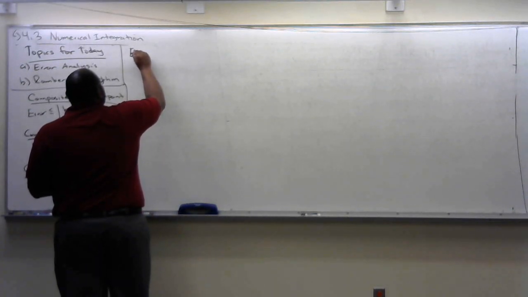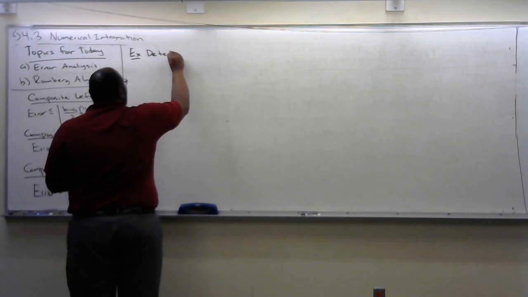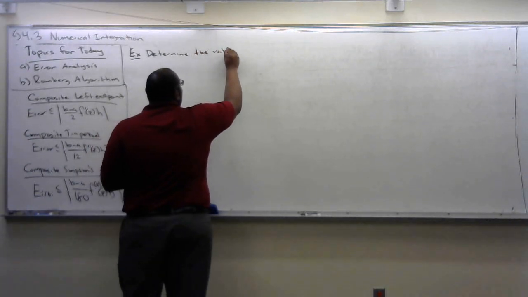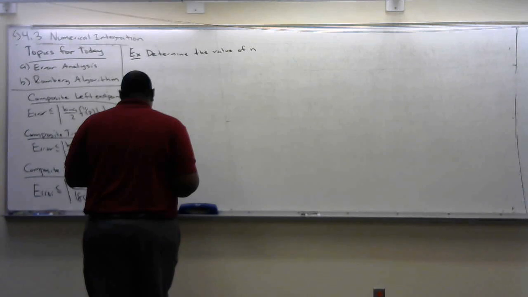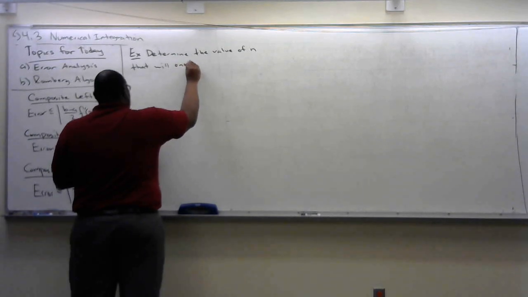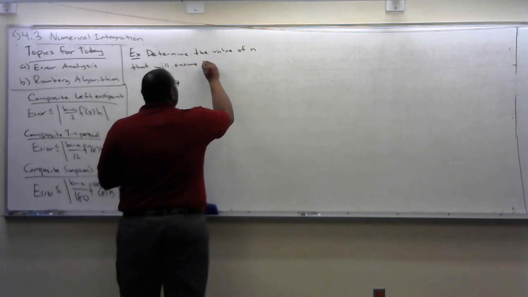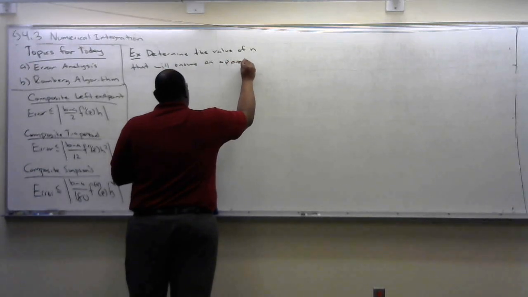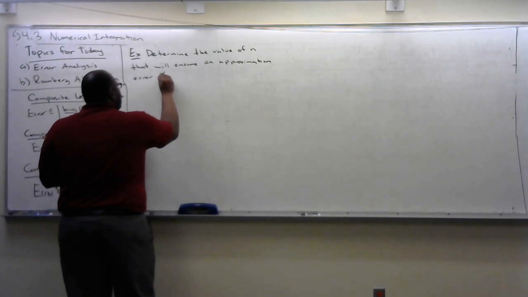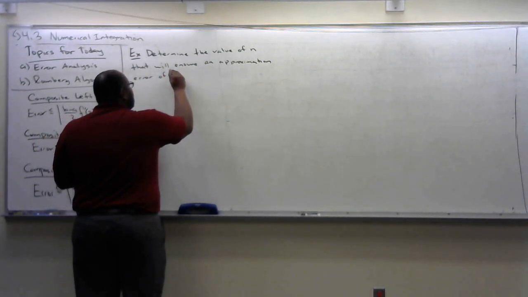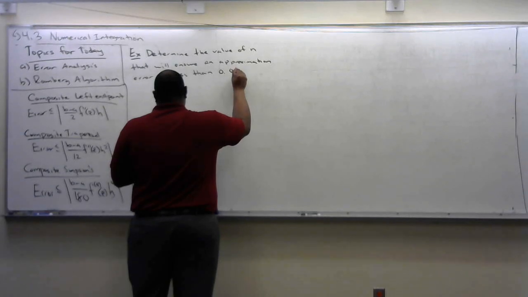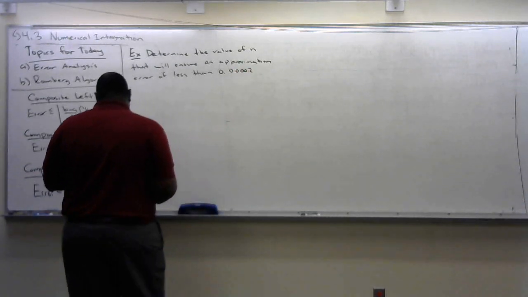So I'm going to say this. Determine the value of n that will ensure an approximation error of less than 0.00002. Do I have enough zeros?